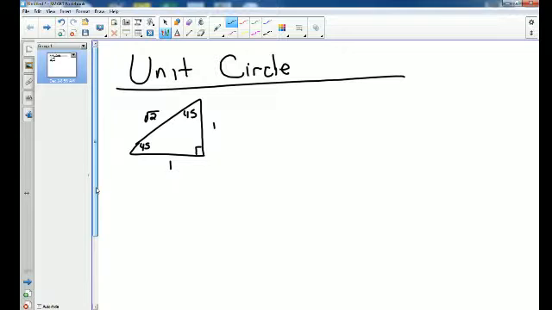Now, what would happen if I did this? Same triangle, the 45, 45, 90, but instead I put the 1 on the hypotenuse. How would I go from this to the legs?